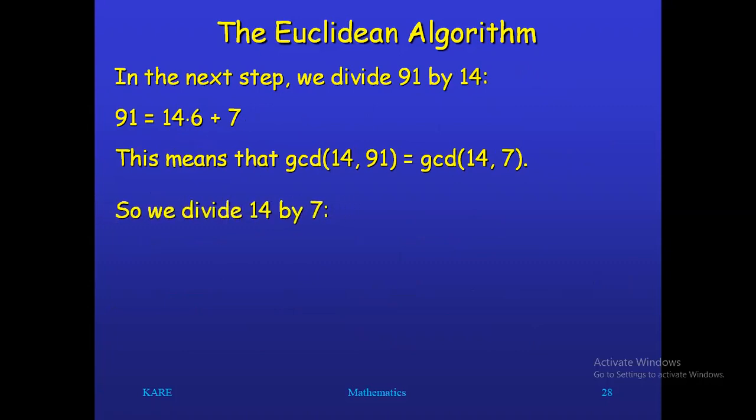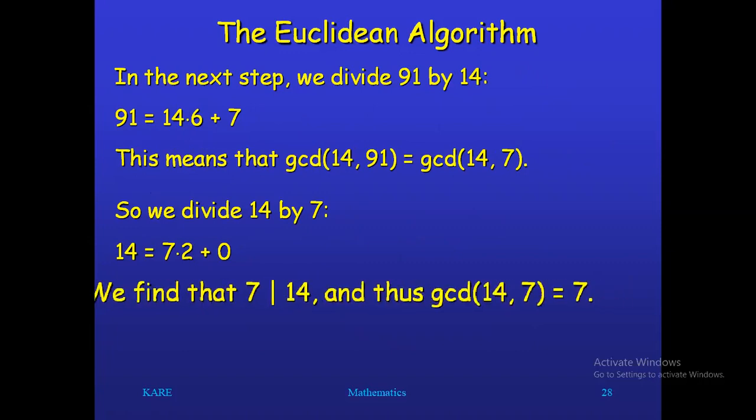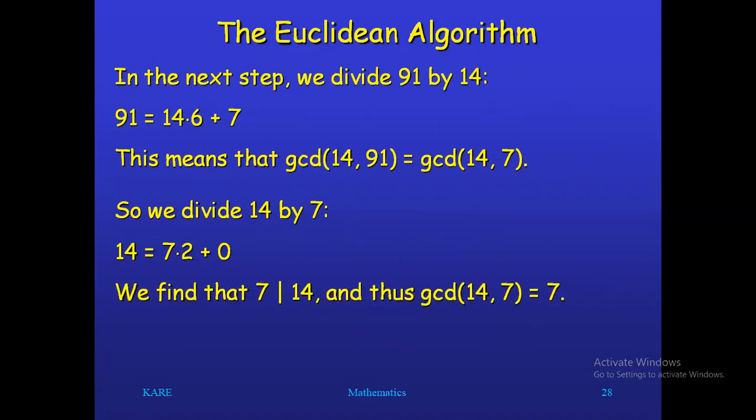So we divide 14 by 7: 14 is equal to 7 times 2 plus 0. We find that 7 divides 14, and thus GCD of 14, 7 is equal to 7. Therefore, GCD of 287, 91 is equal to 7.